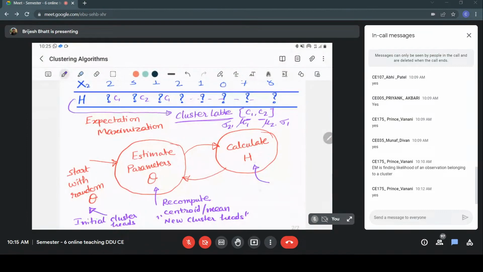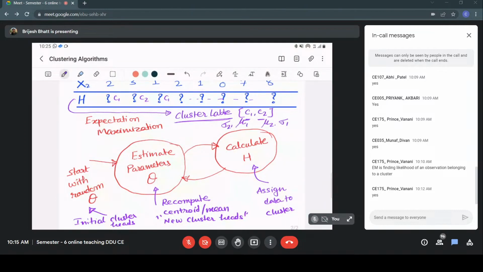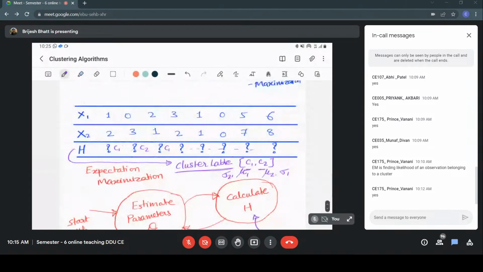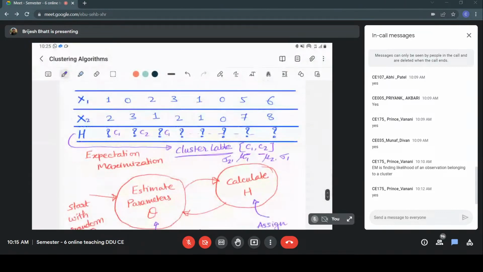And this is assign data to cluster, or assign cluster label to the data points. Right? So when you assume that it is Gaussian and you are working on mean, the expectation maximization algorithm essentially becomes kind of the k-means clustering algorithm.